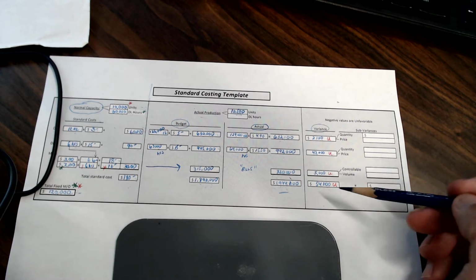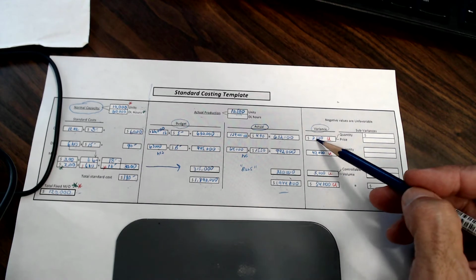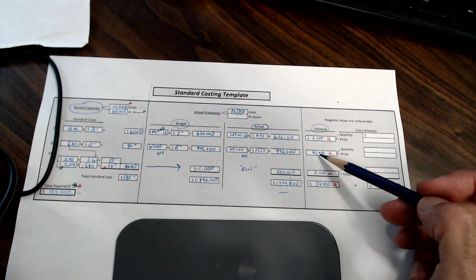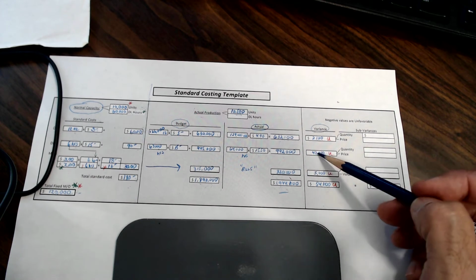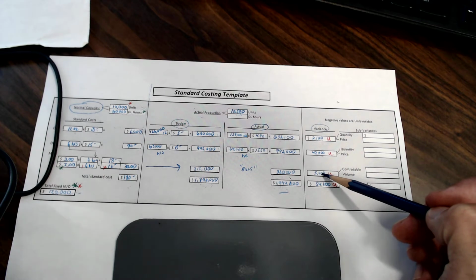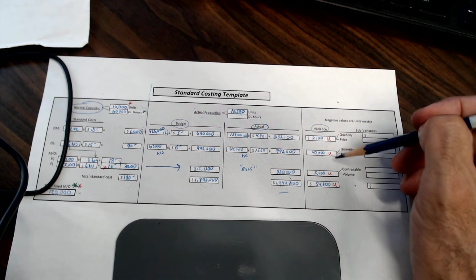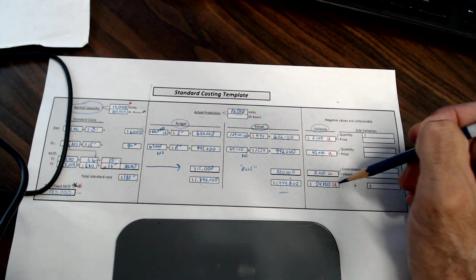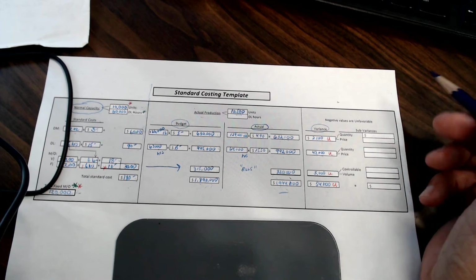So we were $54,100 over budget because materials were slightly over budget, just $2,100. Labor looks like that's the culprit, $47,000 over budget, and then overhead was $5,000 over budget. So we want to know which one of the three product costs caused the variance, so we may be able to take corrective action. But we're not quite done yet.